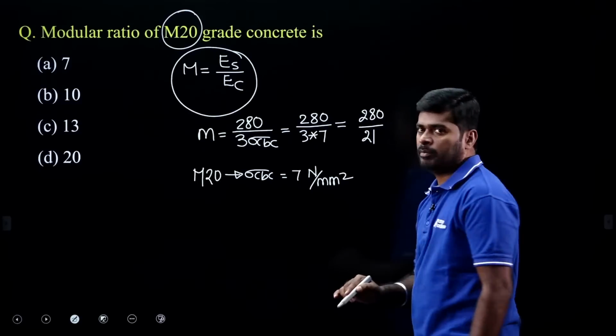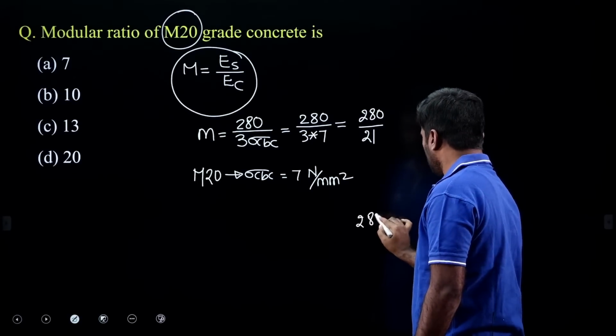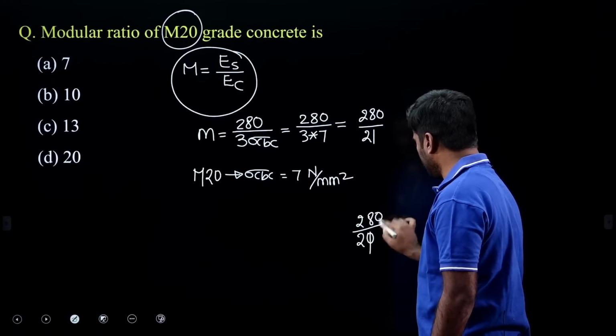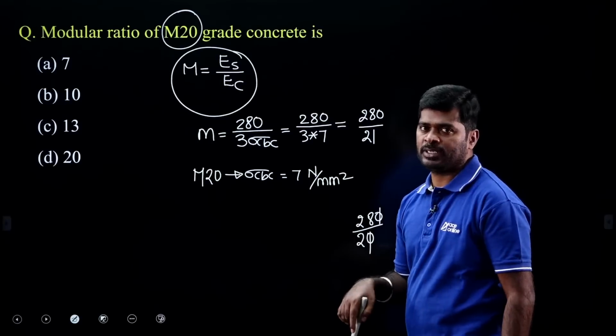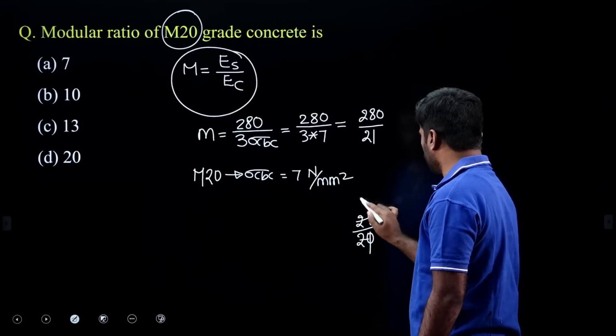It is difficult for me to simplify, so I will go for approximation. Instead of 21, I have selected here 20. Nothing wrong. 0, 0 cancel. 2 1s are 2, 14s are 28... so 14.